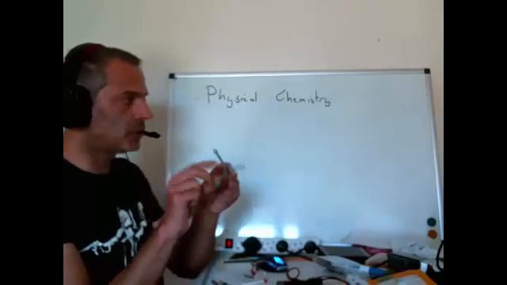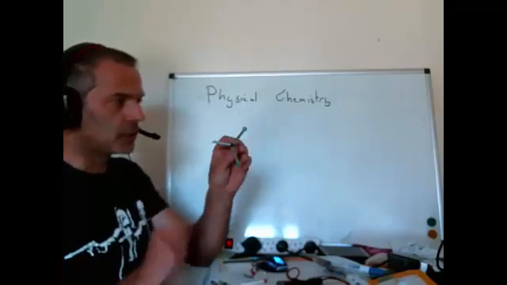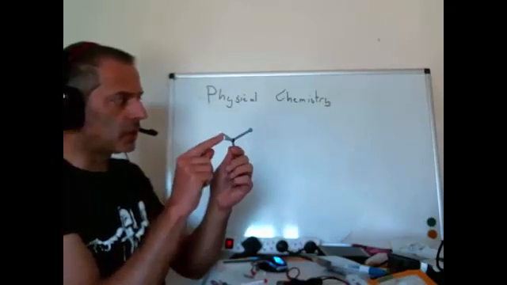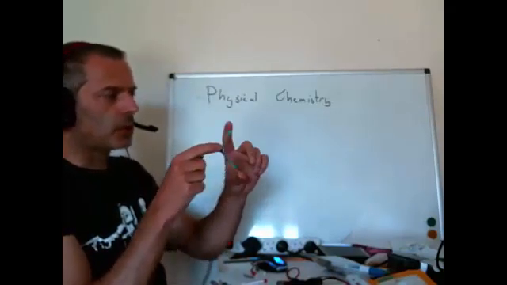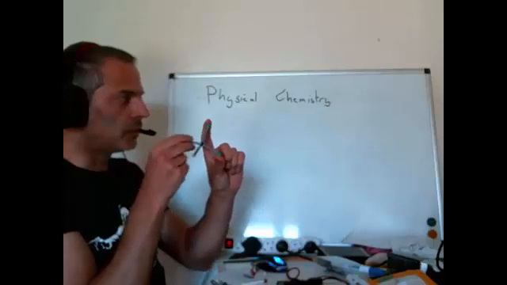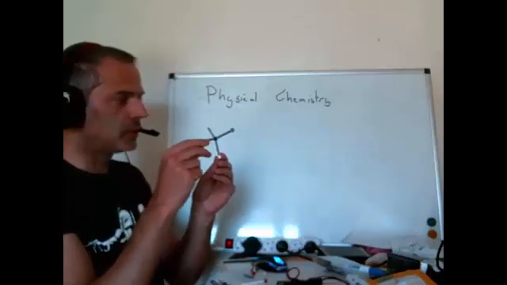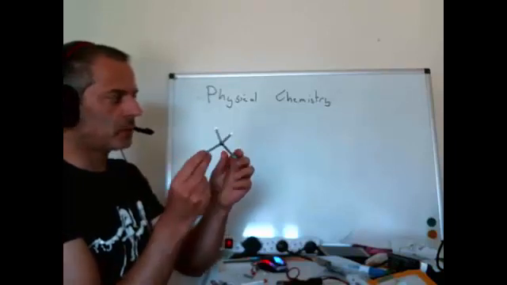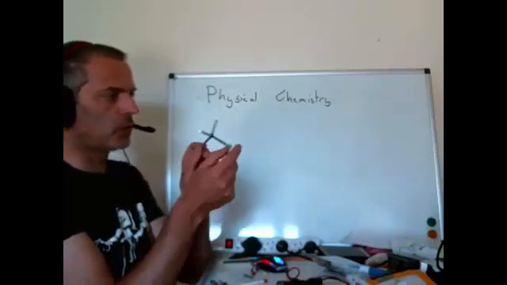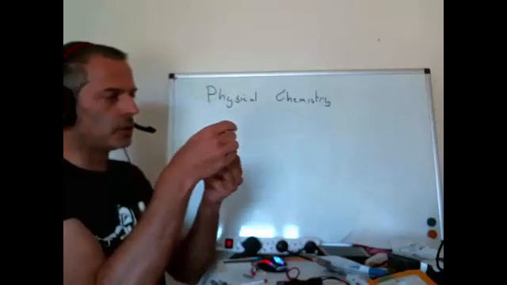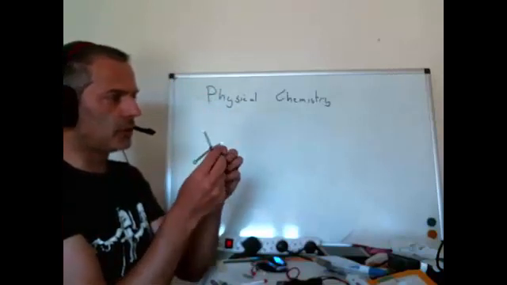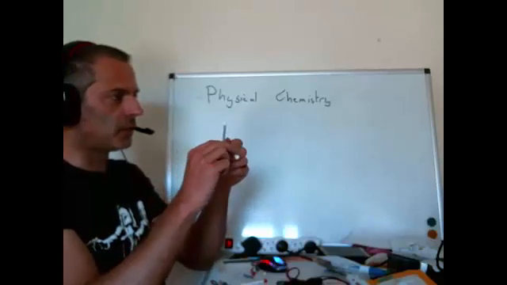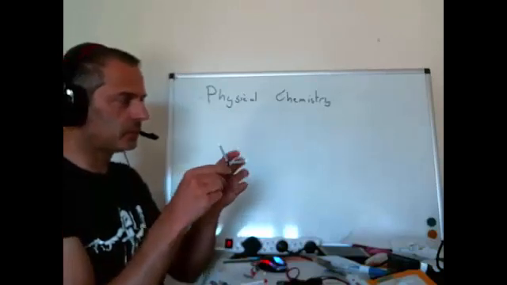If we take another molecule like this, this is dichloromethane, so these two are chlorines and these two are hydrogens, and we can see that this molecule can rotate, but it can rotate in two different directions. This direction where the two hydrogens stay on the same side, and this direction where they don't, where they change sides.